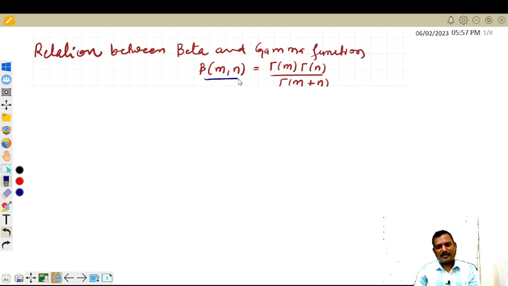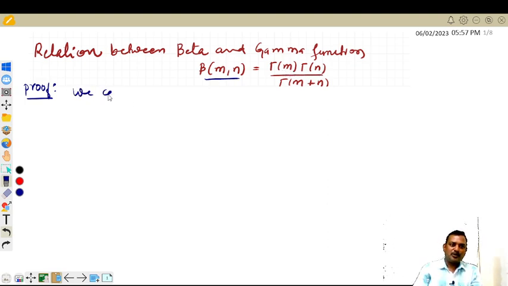Beta of m comma n is equal to gamma of m into gamma of n divided by gamma of m plus n. So we can also prove this result. By cross multiplication, you will get beta of m comma n into gamma of m plus n is equal to gamma of m into gamma of n.